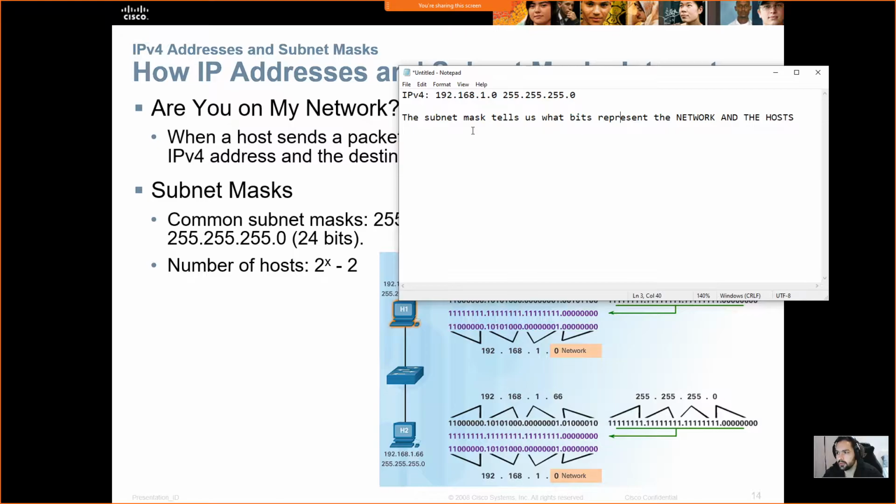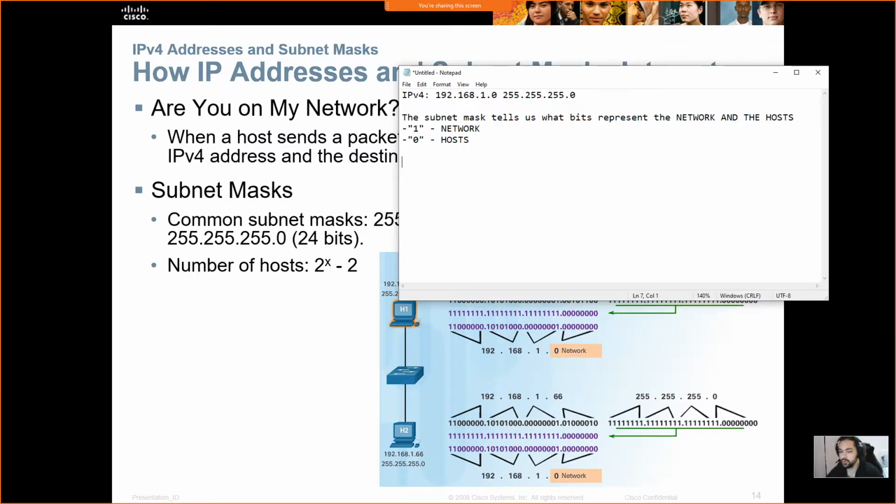All right, so the subnet mask tells us what bits represent the network and what bits represent the hosts. One observation here is that the bits that are set to 1 belong to the network, and the bits that are set to 0 belong to the hosts. They will be used to represent the hosts themselves. All good?